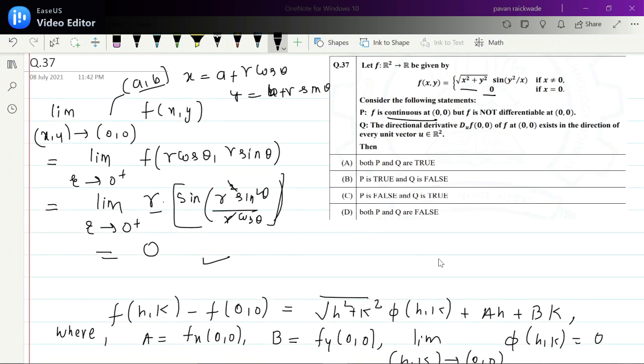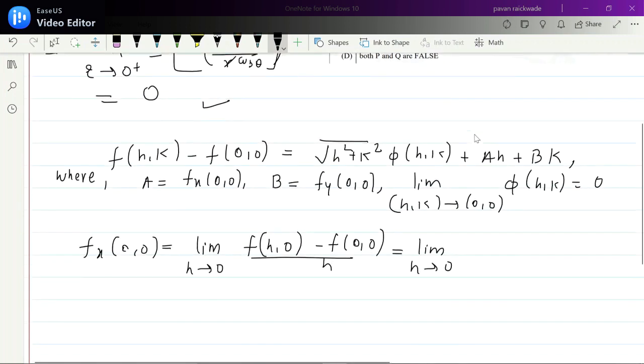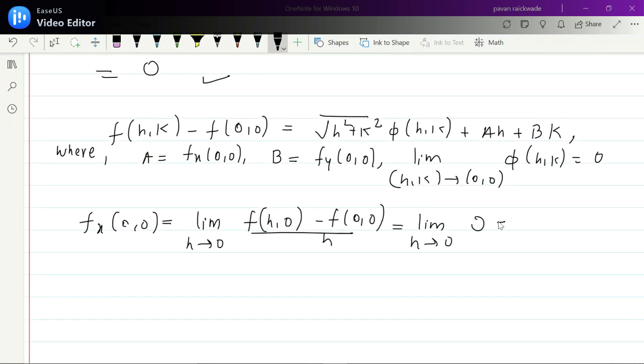Okay, so f of h comma 0, which implies y coordinate is 0, so sine 0 is straight away 0. So you just got 0 here. 0 minus this is 0. So it's just 0.